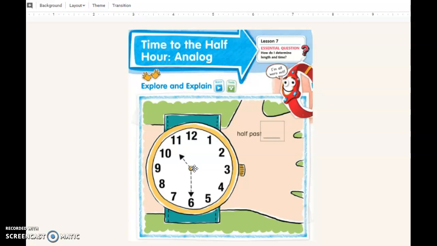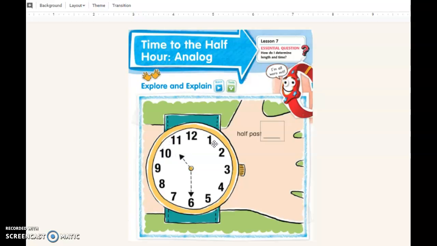So let's look at the hour hand to see what time is half past. The hour hand is pointing in the middle of 10 to 11. But whenever this happens, you're going to look at the number that comes before. On a clock, the number that comes before is the 10.